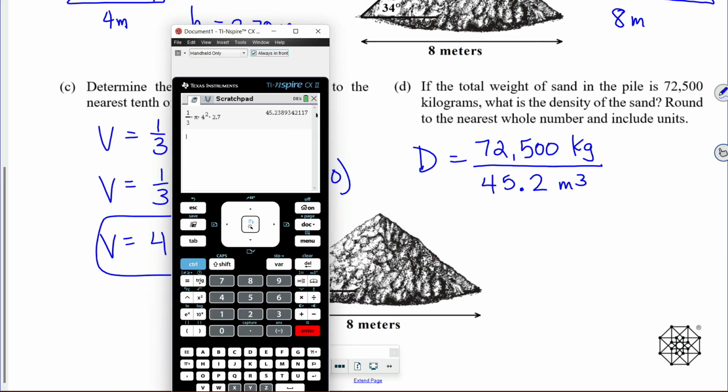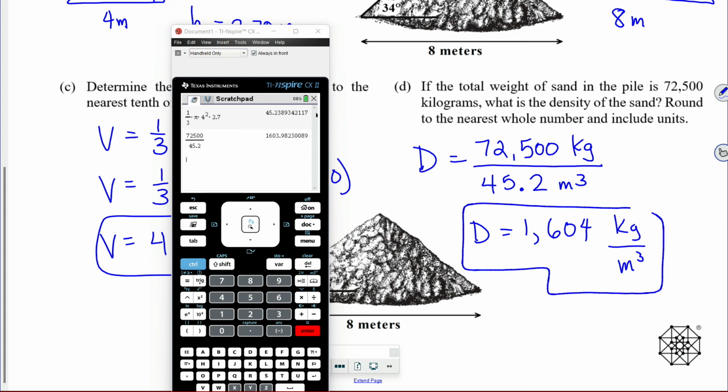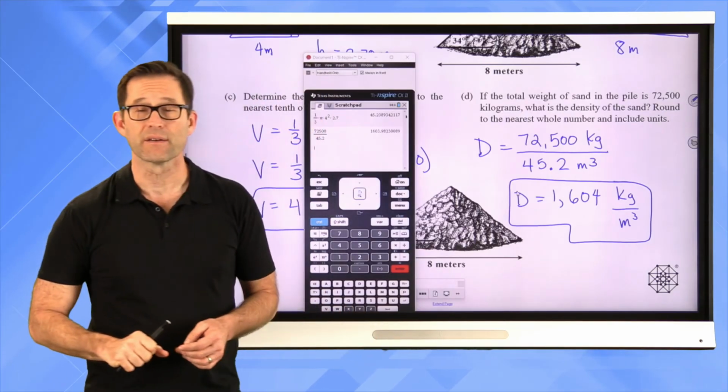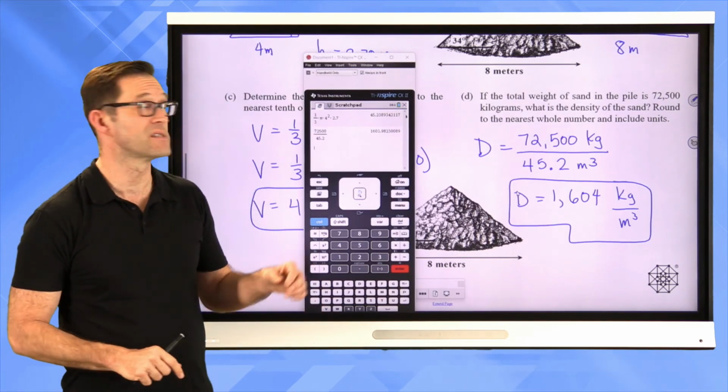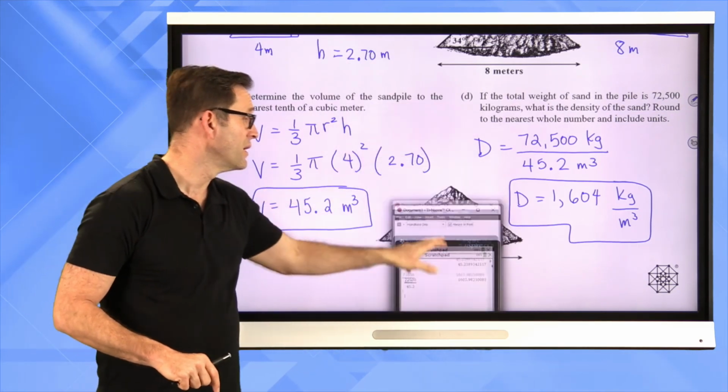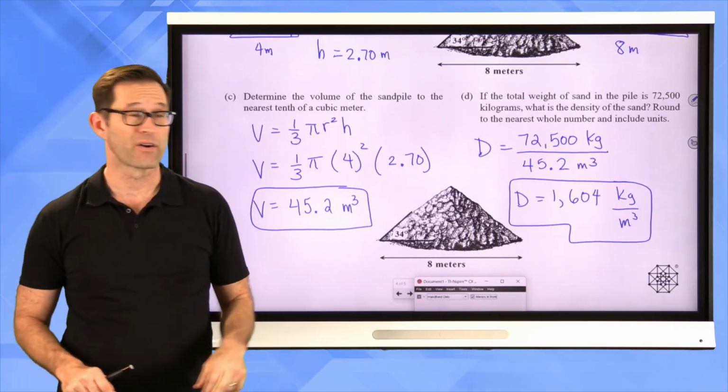Well, let's take a look at what that is. 72,500 divided by 45.2 gives me a density of 1,604 kilograms per cubic meter. And that's the density of the sand, right? And that's a very realistic density of sand. Pretty sure it would actually sink if we threw it into water.